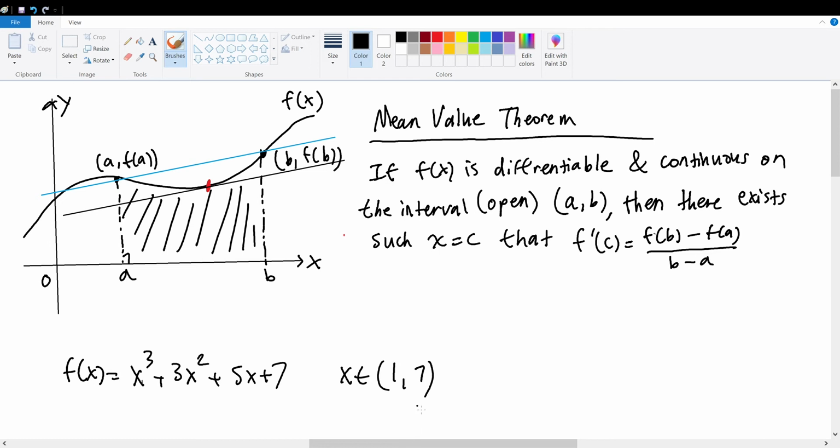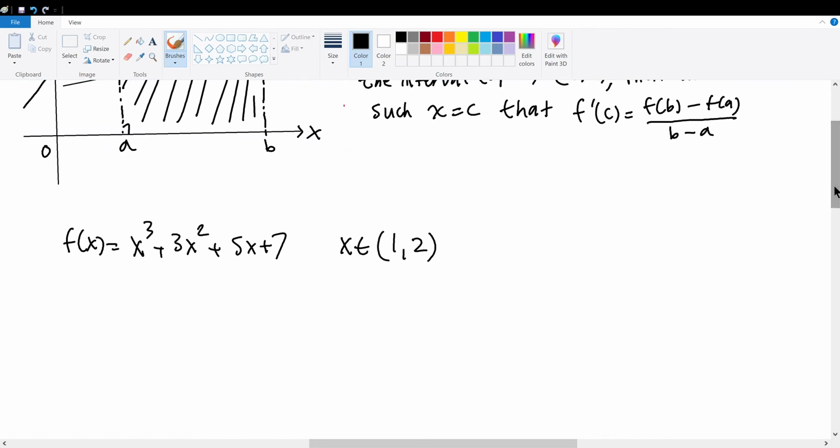Actually, let's do 1 comma 2 for simplicity. So 1 comma 2 is our bounded range on f of x. We are first going to find the secant slope that goes through these points, in order to apply the mean value theorem and find the point which has the tangent slope equal to the secant slope that passes through 1 and 2.